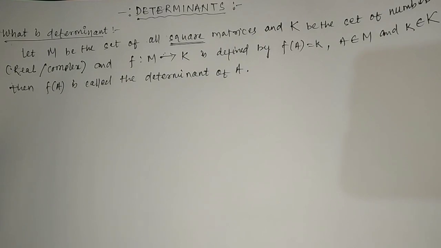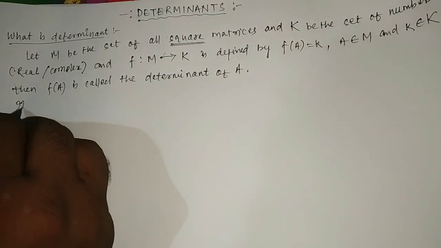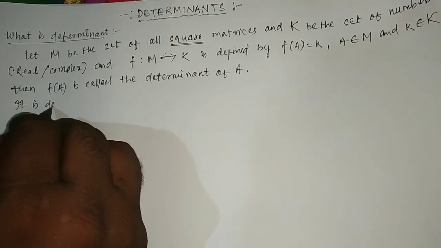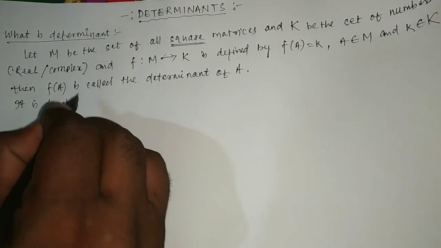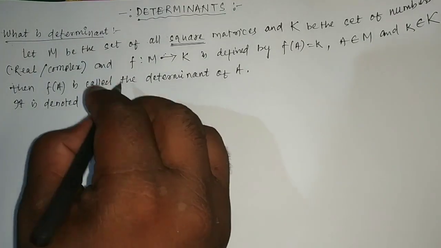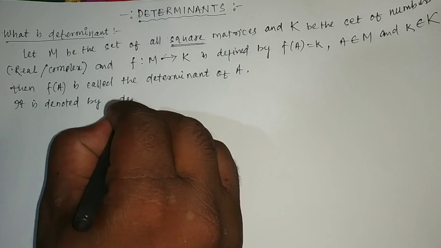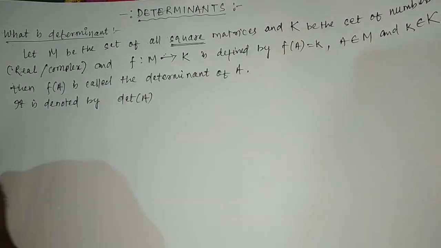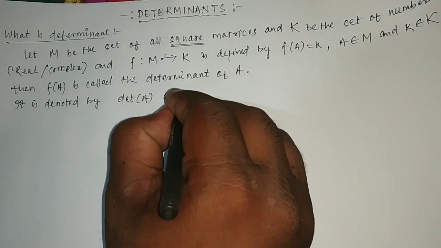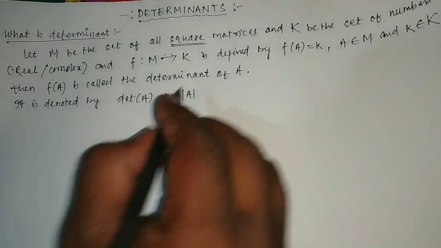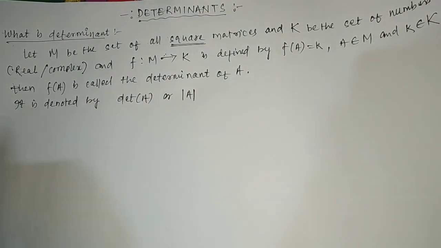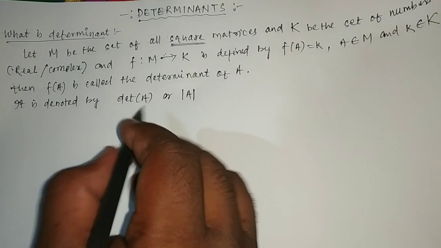That number is known as the determinant of the square matrix. It is denoted by det of A, or A written in between two vertical lines.